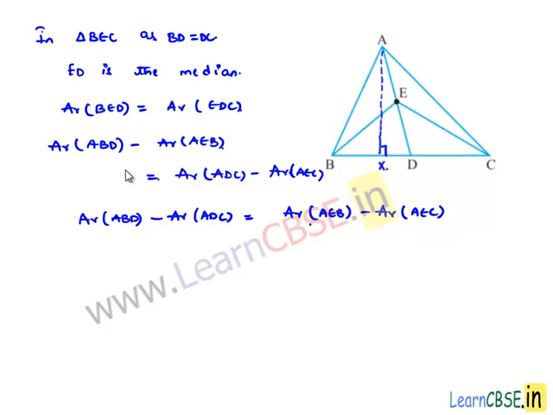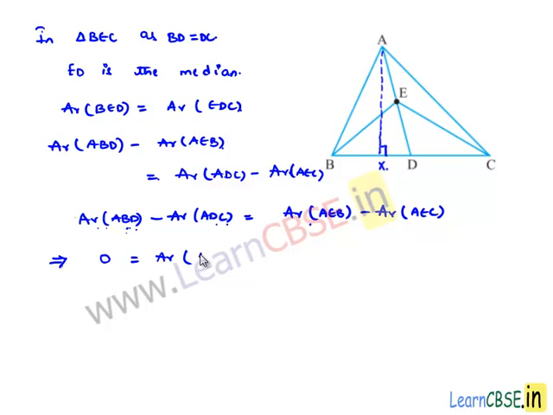Since we have sent the ADC to the right hand side and we took minus area of AEB to the right hand side, which implies as area of ABD is equal to area of ADC, the difference between them will be equal to 0. We got area of triangle ABD is equal to area of triangle ADC in the first equation.